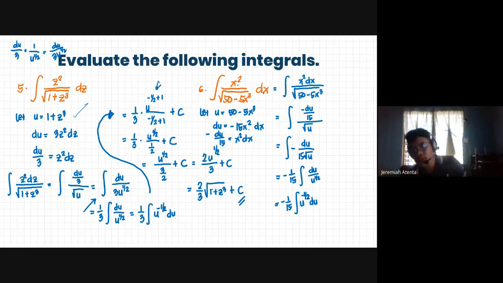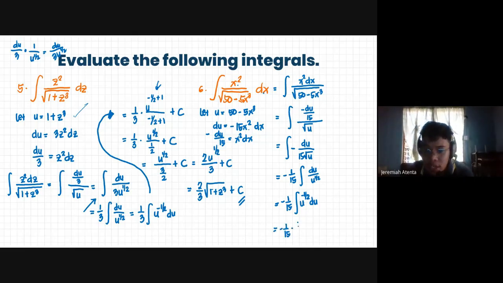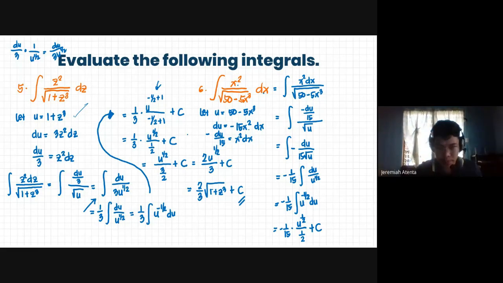So the same pa rin yung integral niya dito. So medyo madadalian tayo. So we have negative 1 over 15. Diretso tayo. Okay lang? So this is u to the 1/2 over 1/2, right? Then we have plus c. The same lang kasi integral of u to the negative 1/2.